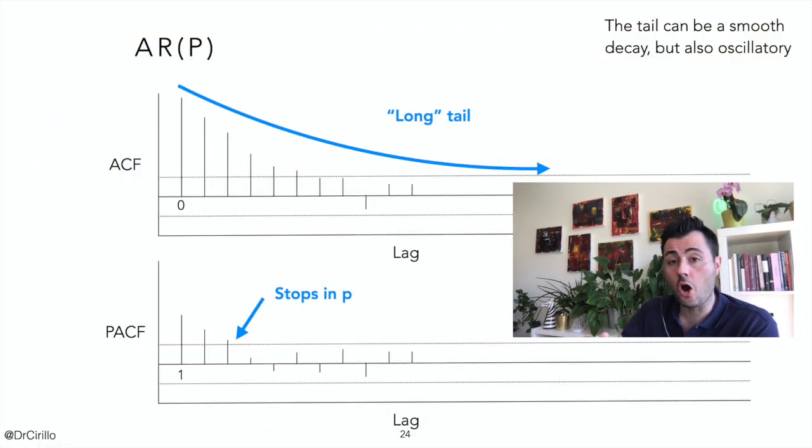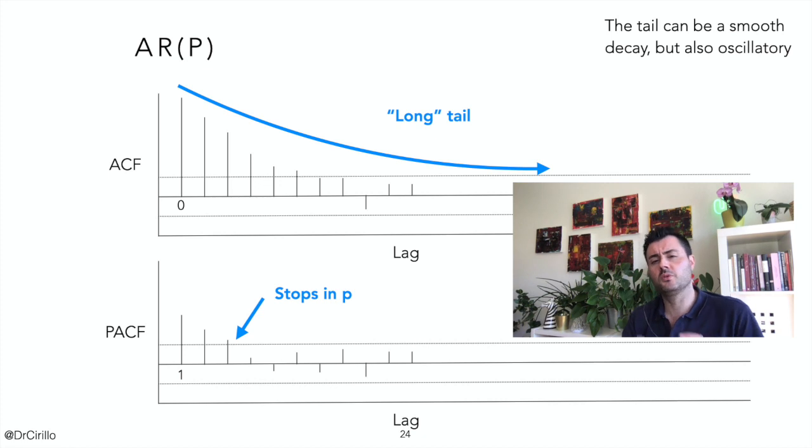Now, if you start from a time series and you plot the ACF and the PACF and you observe a long exponential decay in the ACF, and you observe only a certain number of significant lags in the PACF, and these lags are p, then you are probably dealing with an autoregressive process of order p.